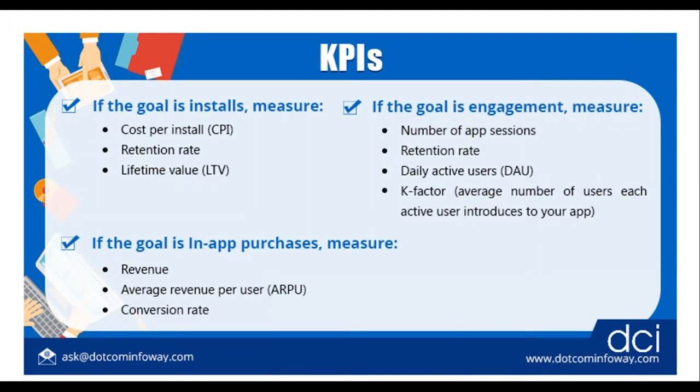If the goal is in-app purchases, please measure revenue, average revenue per user, and then conversion ratio. So these are the things which you need to consider as the KPIs of your campaigns.